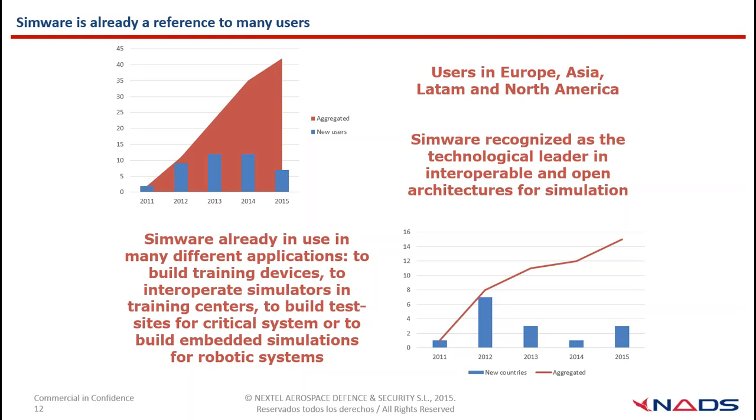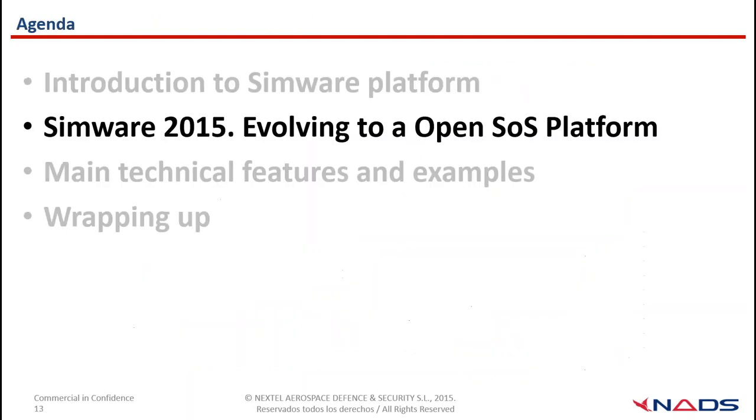We have a sample of using Simware to build a training device, to build a simulation laboratory, to provide a test site to integrate a naval combat system, and as the simulation platform to experiment with interoperability between robotic and command and control systems. You will see some examples later, but we have many different applications for Simware right now.